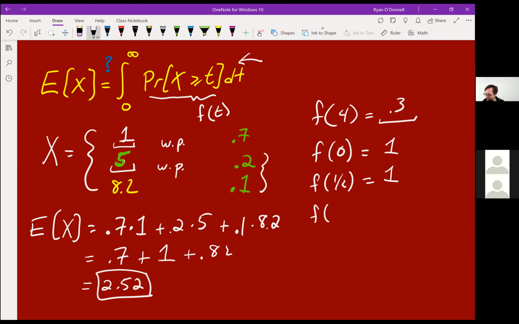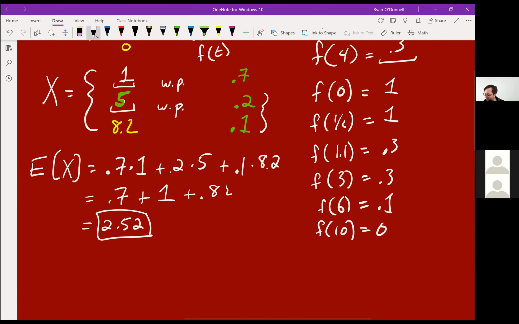F of, okay, it's a bit annoying, so let me say f of 1.1. 0.3. Yeah. F of 3. 0.3. Yeah. F of 6. 0.1. Yeah. F of 10. 0. Okay, great. So we got a lot of things. Hopefully you get the gist of it.